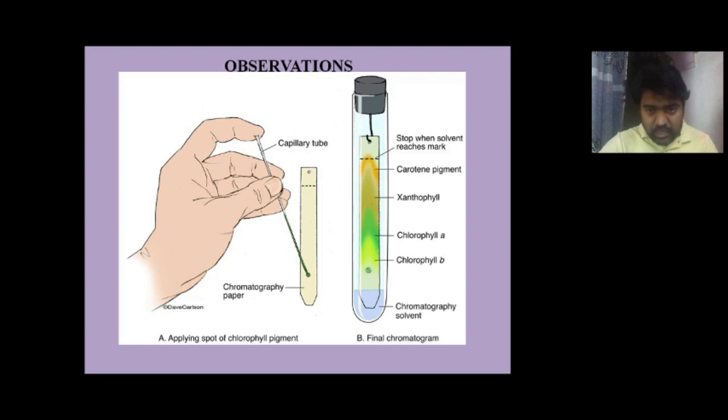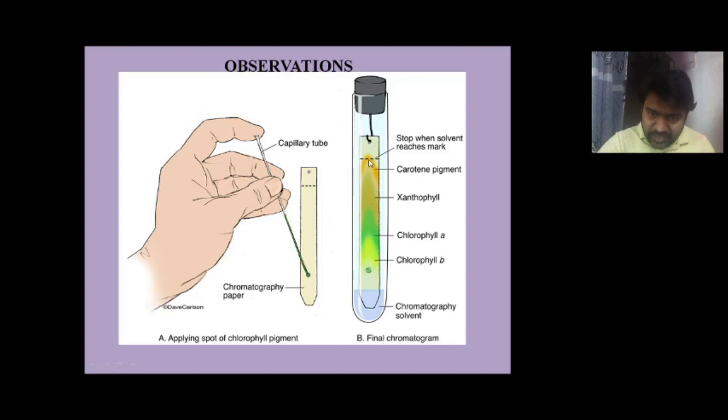One is the distance that the solvent runs on the chromatographic paper. So look here, from this beginning point we have to measure up to what extent the solvent moves. This is the final limit of the solvent, where we end the experiment as soon as the solvent reaches this mark.